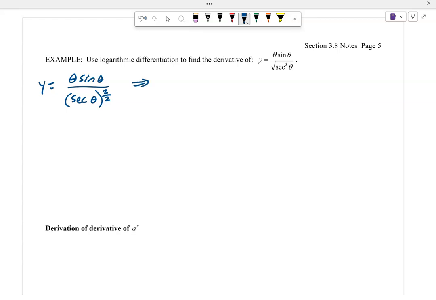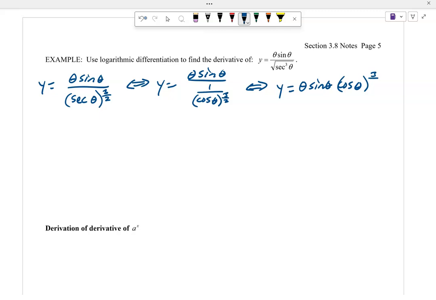Now remember that secant theta is 1 over cosine. So this is the same as 1 over cosine to the 3/2. So we could multiply by the reciprocal of 1 over cosine to the 3/2. That'd take it up to the top. So I'd have theta sine theta times cosine theta to the 3/2.